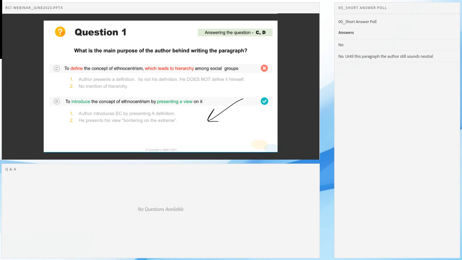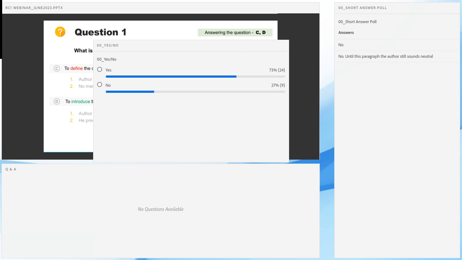Now, how many of you have been studying GMAT RC for over 10 days? And again, I understand this is confusing, but we'll do 10 such instances of it, and this will be absolutely clear.